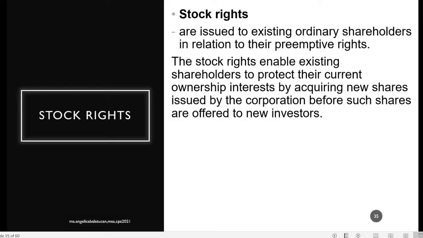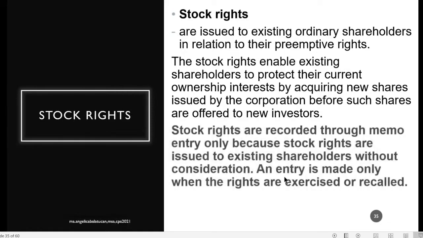The stock rights enable existing shareholders to protect their current ownership interests by acquiring new shares issued by the corporation before such shares are offered to new investors. Stock rights are recorded through memo entry only because they are issued to existing shareholders without consideration. An entry is made only when the rights are exercised or recalled.